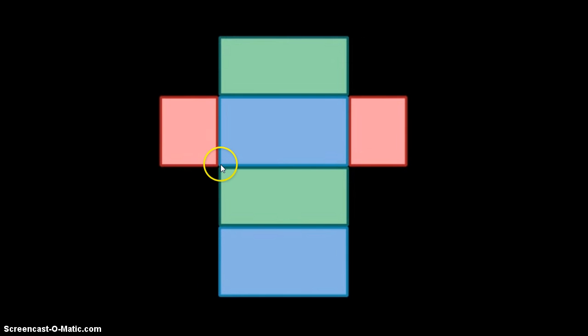And then if we take the height of the prism, right here or right here, the height of the prism is actually the width of the lateral face. So to find the area of this rectangular face, all we have to do is take the perimeter of the base and multiply it by the height of the prism.